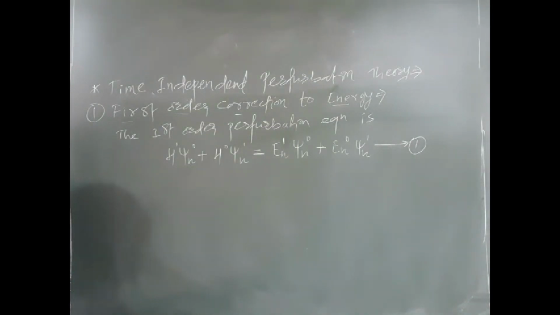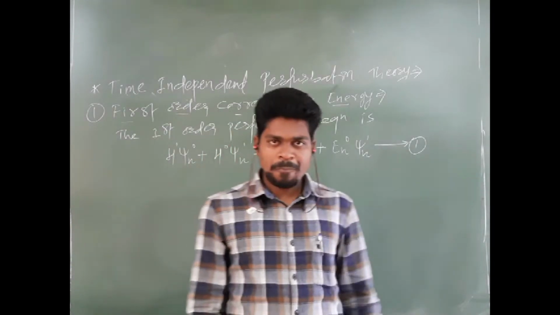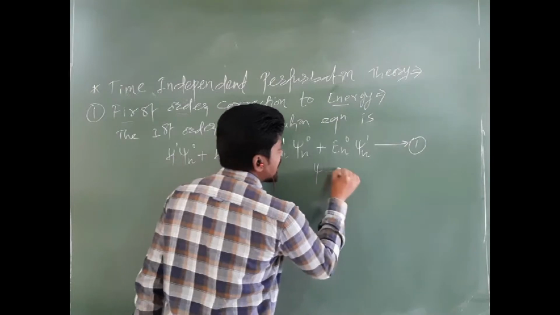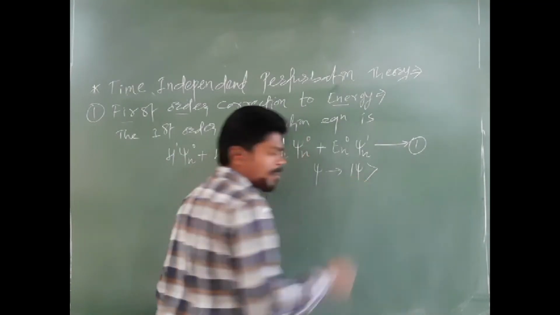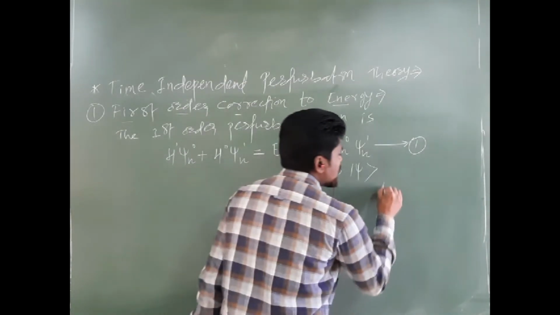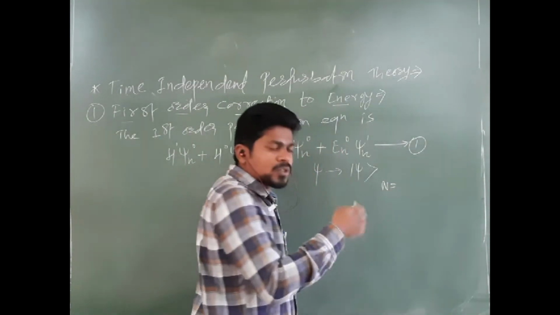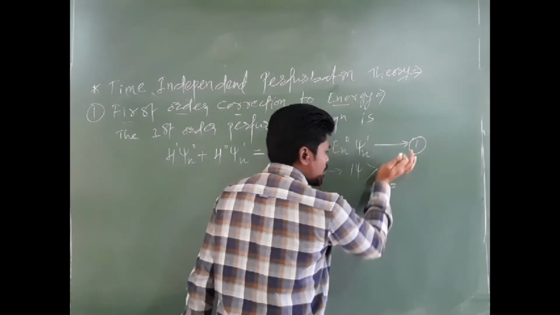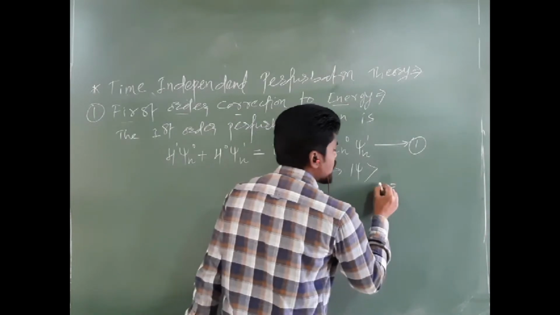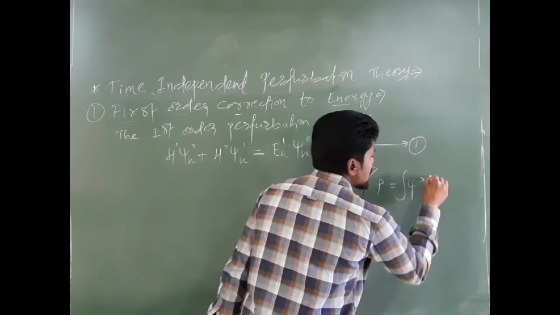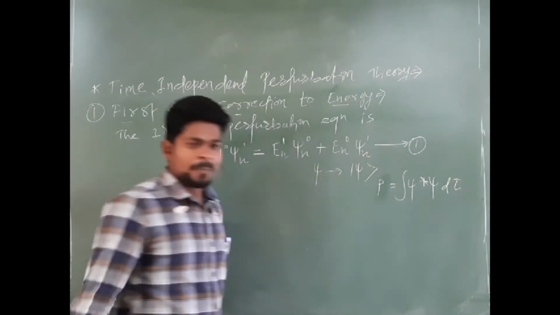Okay, let us write this equation in Dirac's bracket notation. What is Dirac bracket notation? Psi can be written as ket psi. While writing normalization, as in Schrodinger's theory, we usually write the probability as P equals the integration of psi star psi d tau.